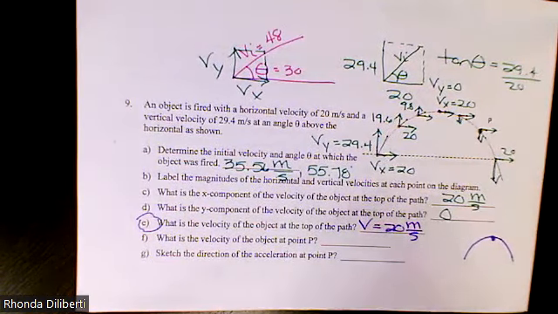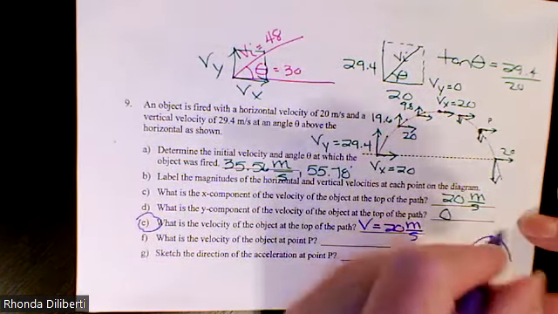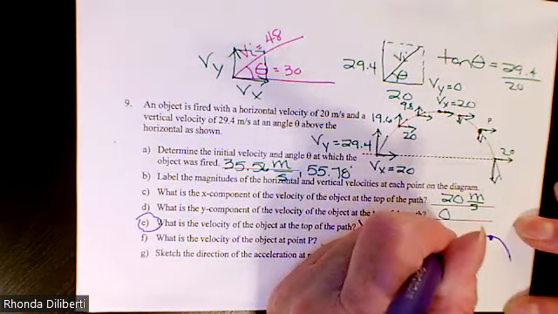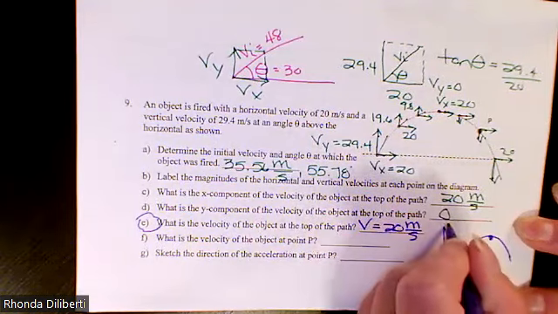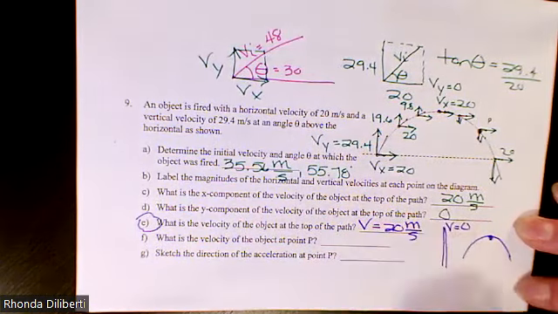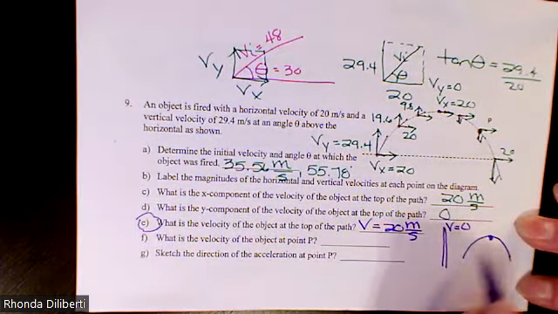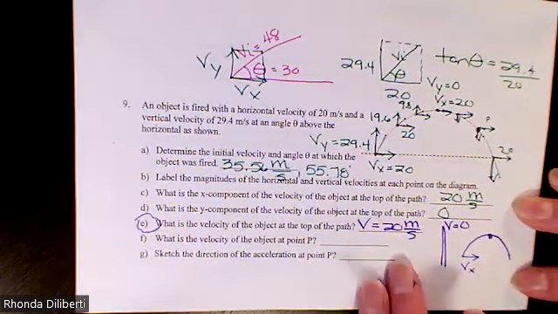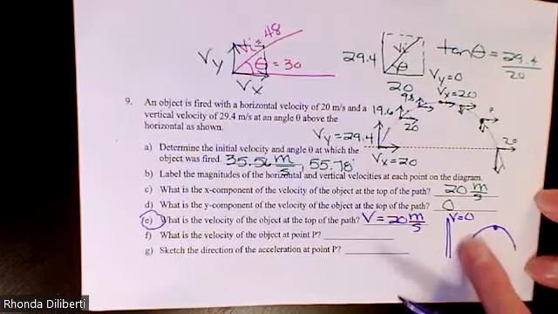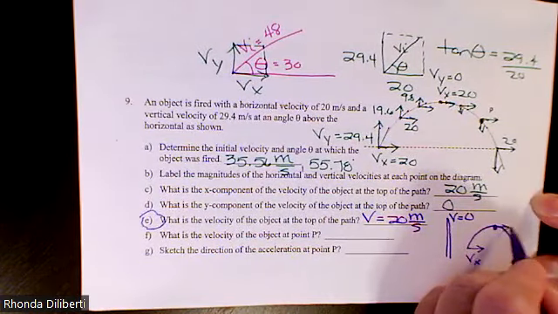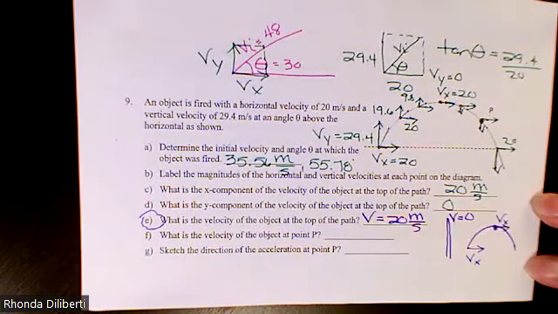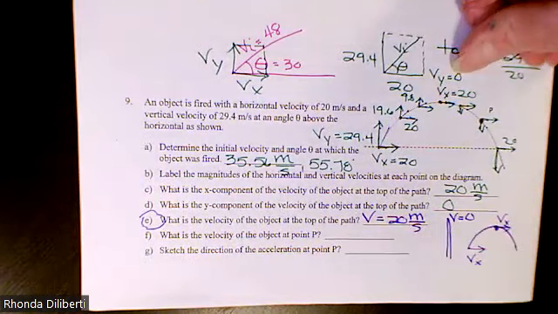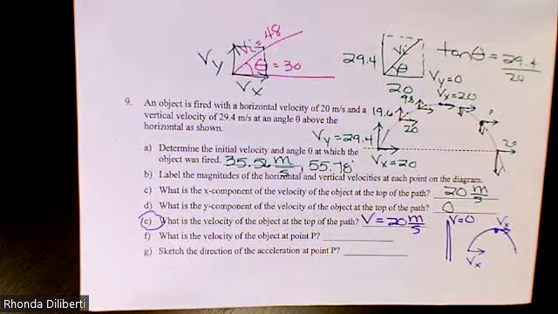Now compare that to firing something straight up into the air. If it went straight up and fell back down, the velocity at the top is 0. But when you do projectile motion, you give it that little x component at the start, and that x component stays with us the entire time. So it's still there at the top of the path, even though the y component has turned to 0. That's a tricky question.